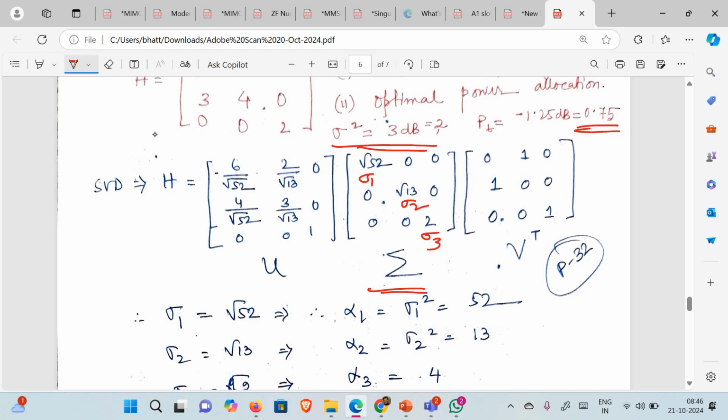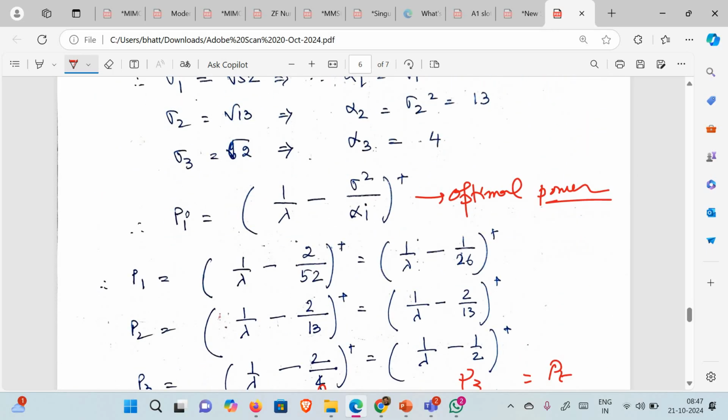The clever part is that if you do the SVD, you go on with the calculation, but try to focus more on finding the capital sigma calculation. That matrix, if you know, you get hold of the delta 1, delta 2 and delta 3s or whatever it is, because that is only what you require to find out the optimal power. You don't need U or V.